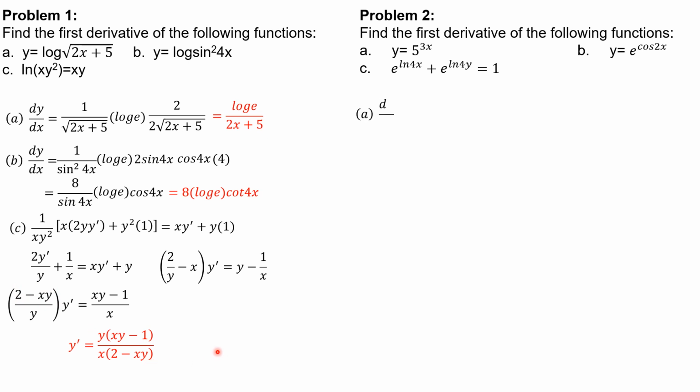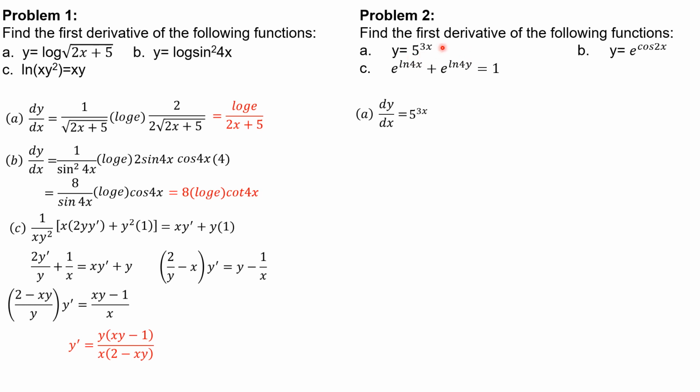Then for problem 2, we have find the first derivative of the following functions. So we have first y equals 5 to the 3x. So dy dx, this is in the form a to the u. So the derivative is a to the u ln of a du dx.